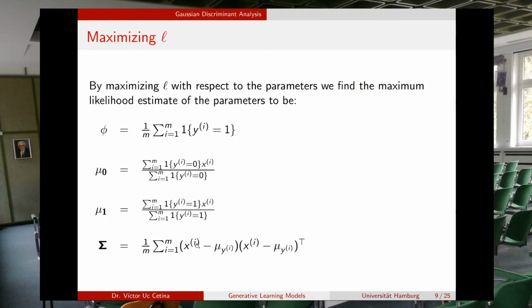So if you are considering example 1, i equals 1, you will need to check what is the label of example 1. If the label is 0, then you need to subtract here mu 0. But suppose that you are in example 200, i equals 200, and the label for example 200 is a 1, then here you will subtract mu 1. So this is just a way to code which of these two means you need to subtract.